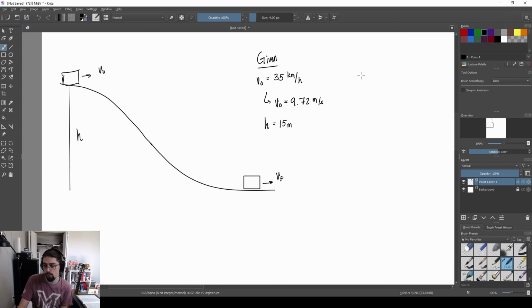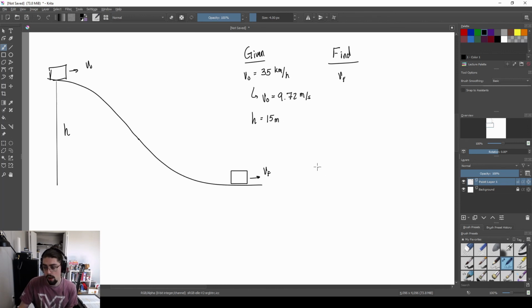So I use my best friend, energy conservation. I'm looking for vf. I know at the bottom of the hill, I will have essentially expended all of my gravitational potential energy. At the very top of the hill, I start with gravitational potential, mgh. I start with some kinetic, 1/2 mv0 squared. I end at the bottom of the hill with no potential, all kinetic, 1/2 mvf squared.